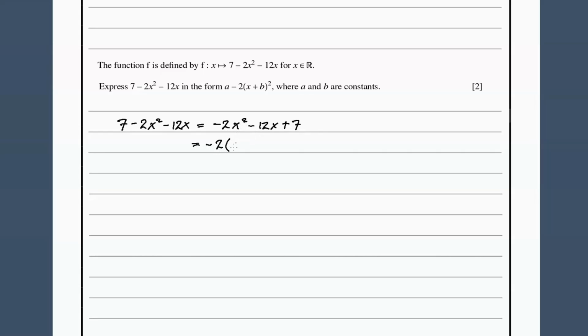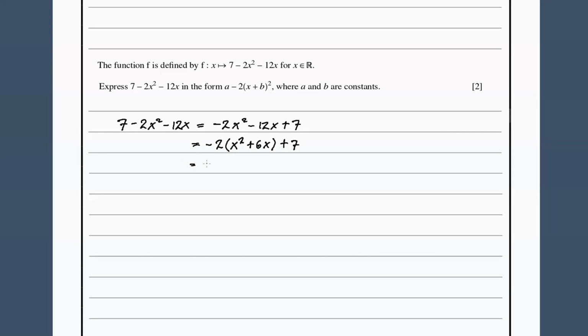So factoring out minus 2, we'll be having x squared, and here we'll be having plus 6x. It's as good as dividing minus 12x by minus 2, and that's what gives us 6x, and we have the plus 7 right here.